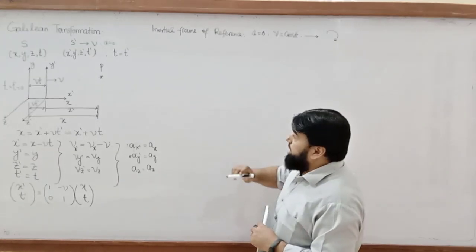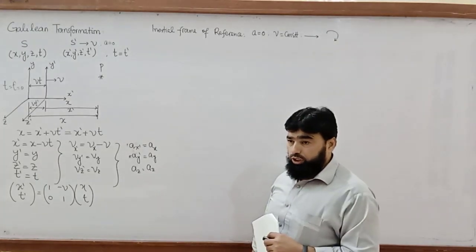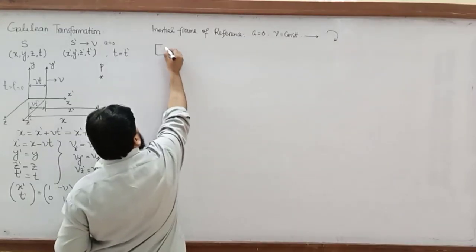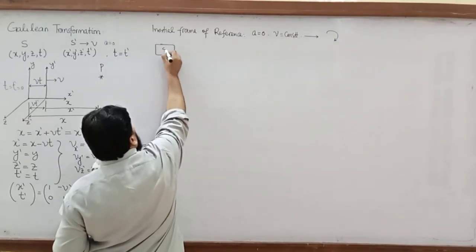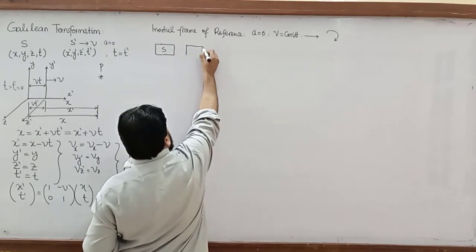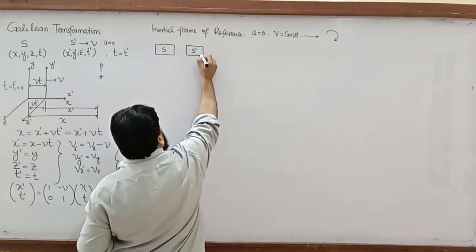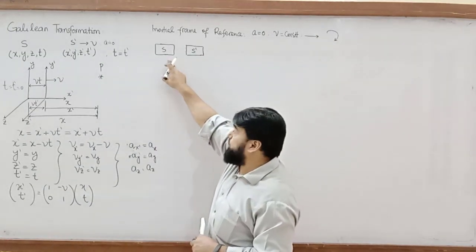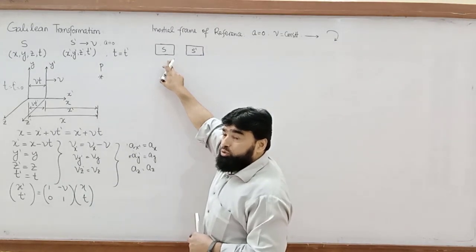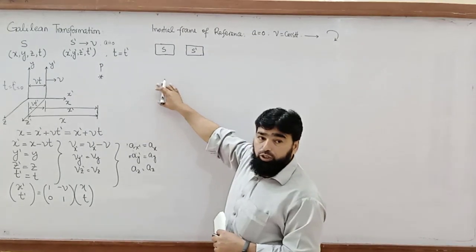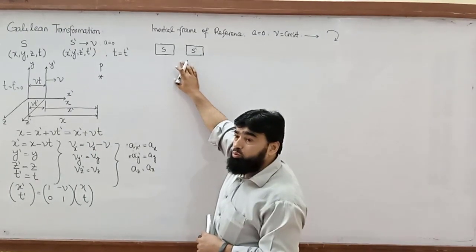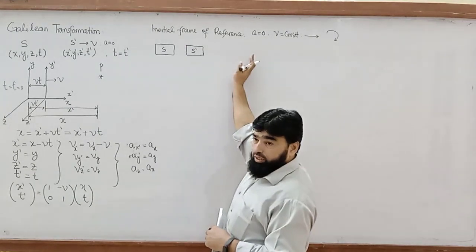And let's say we are having two frames, S and S prime. Let's say this is a frame S and this is another frame which is S prime. We say that S prime is moving with respect to S. But when you don't have any relative point from which you can relate this motion, there is no way you can tell that S prime is moving.